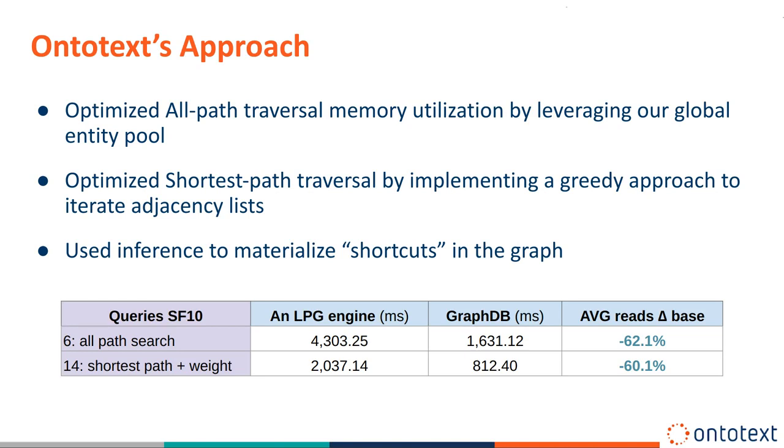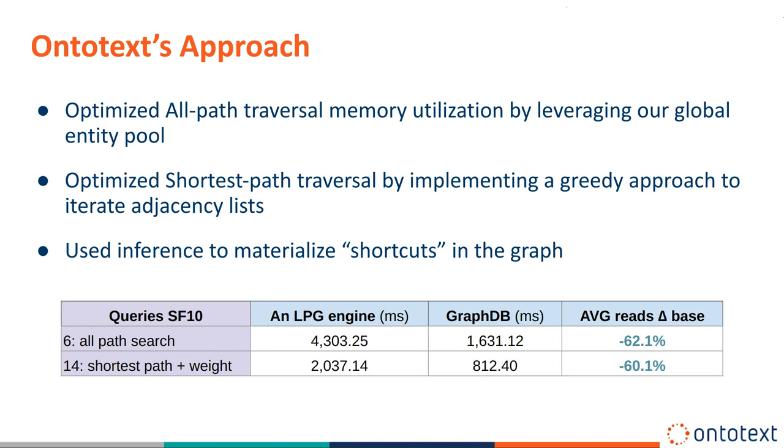So based on those primitive IDs, we managed to save a lot of memory since the path search extension is in-memory based. And also for the shortest path traversal algorithm, we implemented a greedy approach where, given a start and end node, we cut the processing time significantly by iterating the adjacency list on whichever side is smaller.